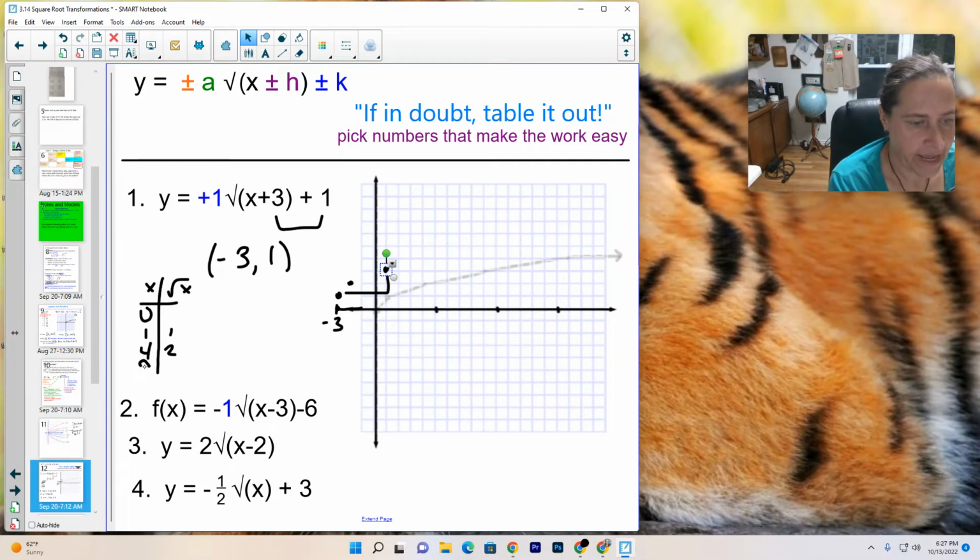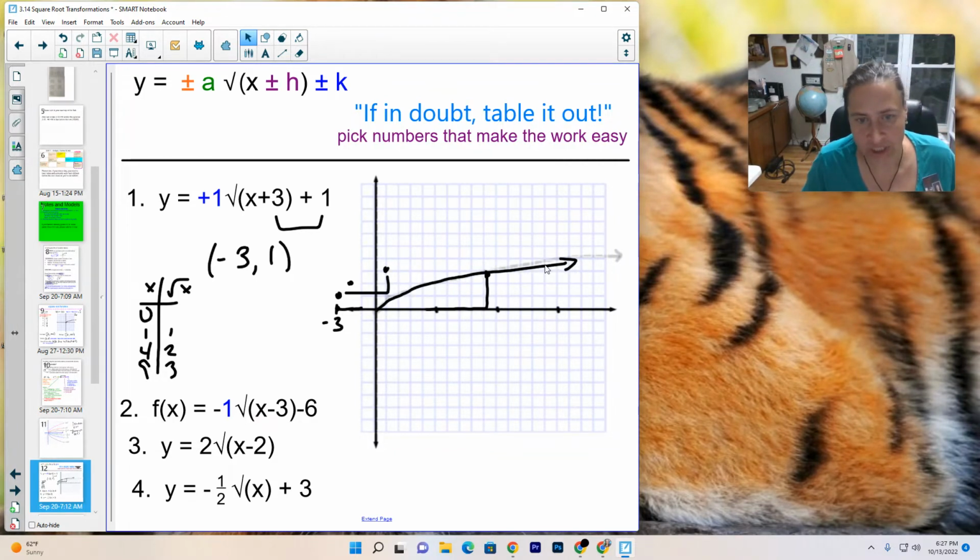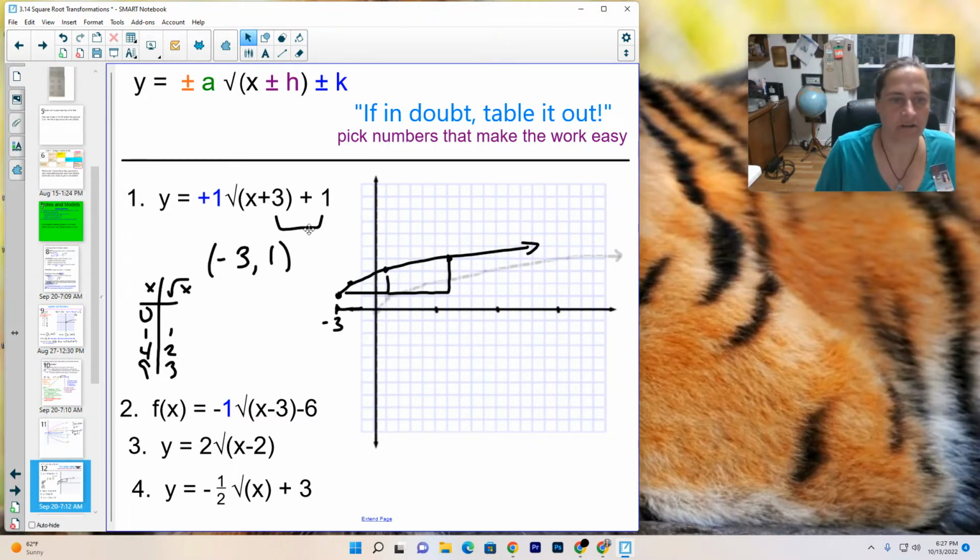Then I'm going to go 9 and up 3, so that's 4, 5, 6, 7, 8, 9, and up 1, 2, 3. There's my next one. If I were to drag this over, it should match my parent, and it does. But it's going to start in a different spot now. I'm shifting the parent version left 3 and up 1.